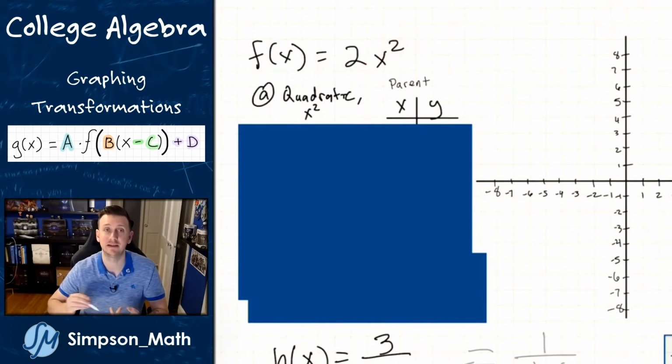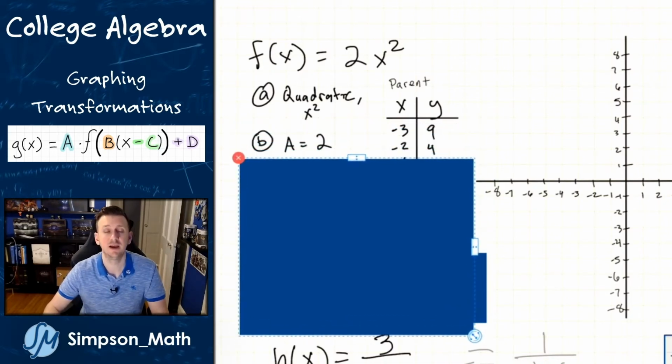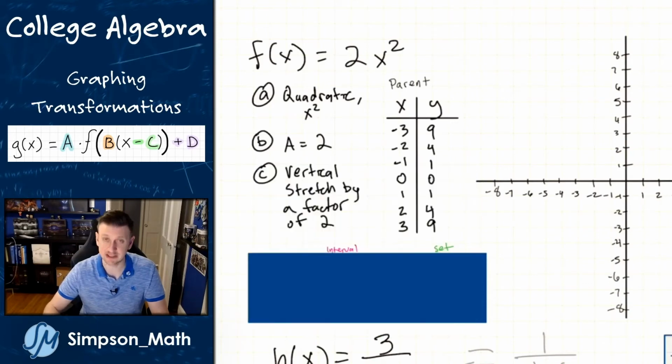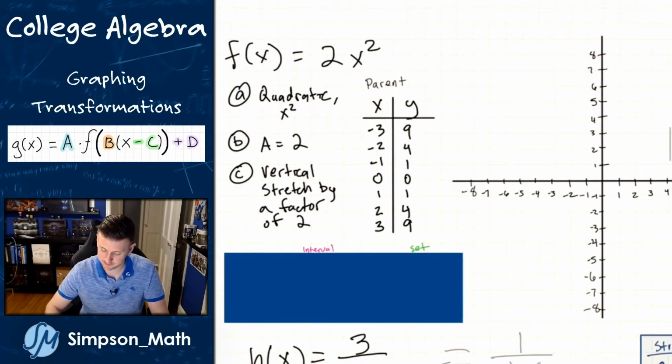And it's an a because it is multiplying on the outside. And look in your notes, when a is bigger than 1, it's a vertical stretch by factor of 2. So we can say just that, vertical stretch by factor of 2. So let's plot our parent function dots.